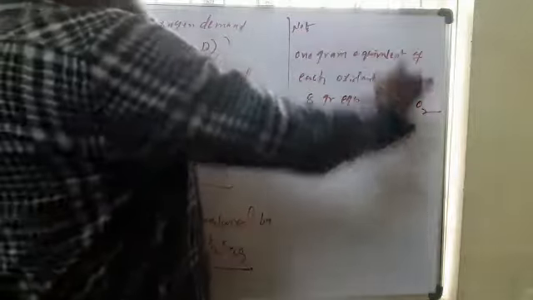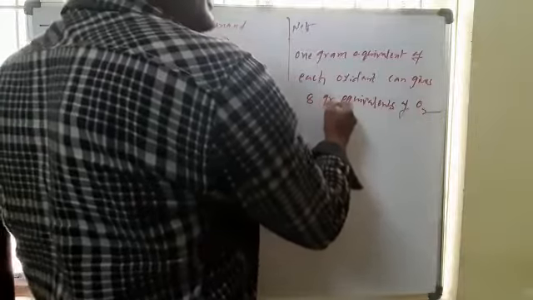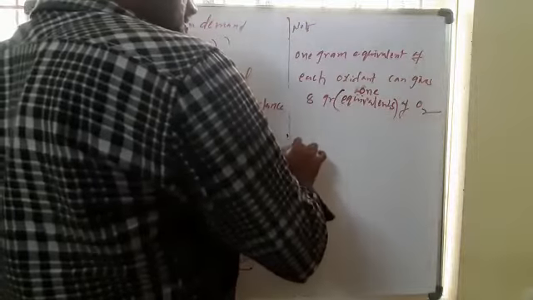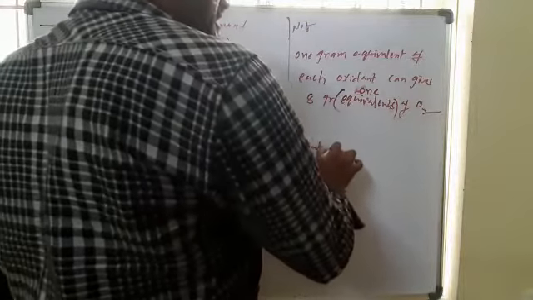So 1 gram equivalent of each oxidant can give 8 grams of oxygen, that is equal to 1 equivalent. 8 grams equal to 1 equivalent. Equivalent weight of oxygen equals molecular weight by valency.